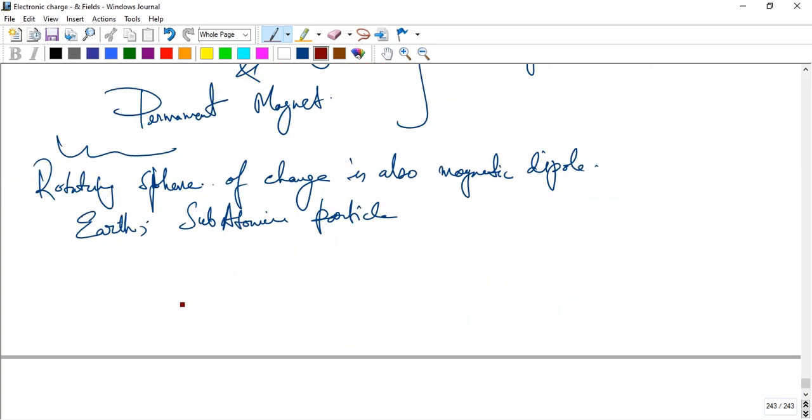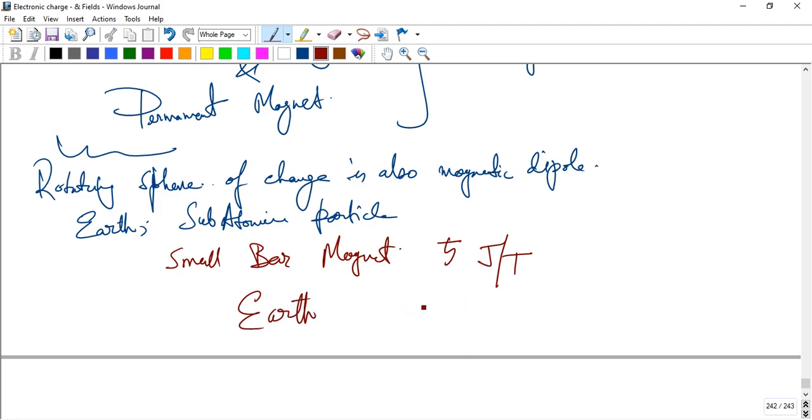Like a small bar magnet, whose magnetic dipole moment is 5 joule per Tesla, and Earth also has a permanent dipole moment like that.